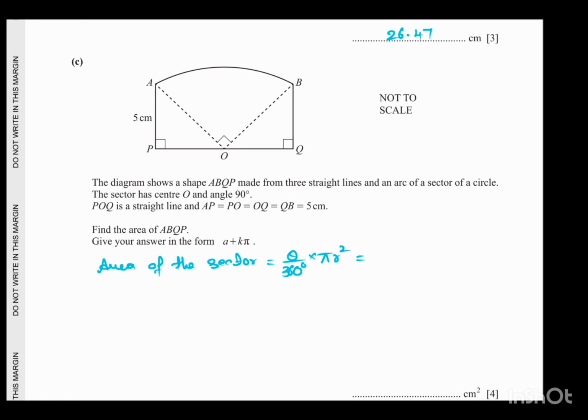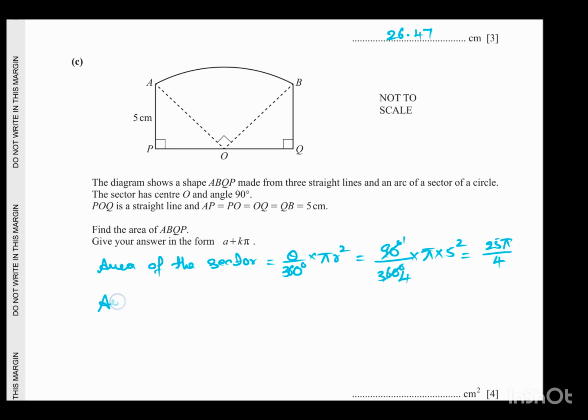That is equal to 90 by 360 into pi into r square, and the value is given here, 5 square. So 90 times 4 is 360. So it is 25 pi by 4. This is the area of the sector.